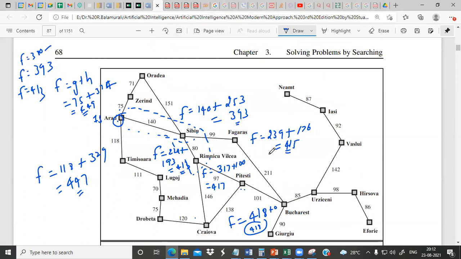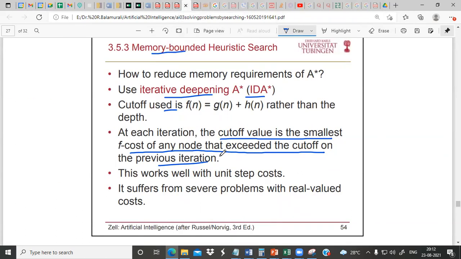So from 380, why do we go to 393? Because that is the smallest f cost we have. Other f costs are greater than that. So whichever is the available smallest f cost will be made the next cutoff value. But this algorithm works well with unit step cost, and suffers serious drawbacks with real valued cost.